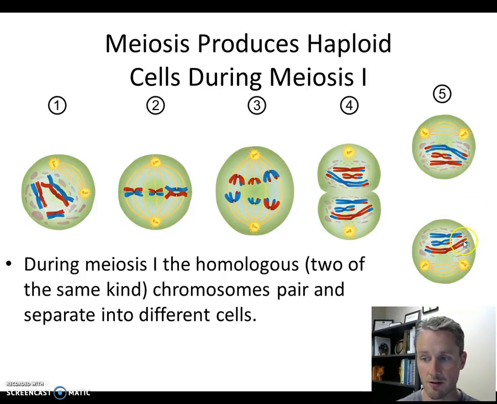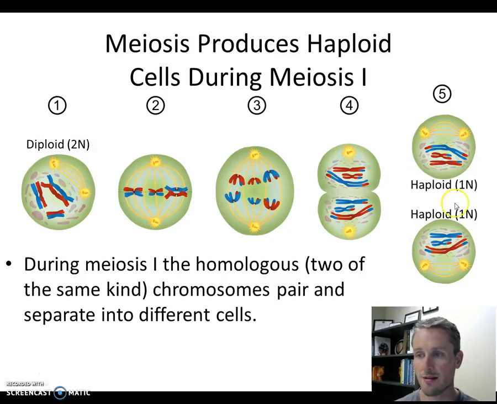The other cell contains 1 large chromosome, 1 medium chromosome, and 1 small chromosome. So in this process, we started with a diploid cell, and we ended with these 2 haploid cells, 1 of each kind of chromosome. So it's during meiosis 1 that we create the haploid cells.